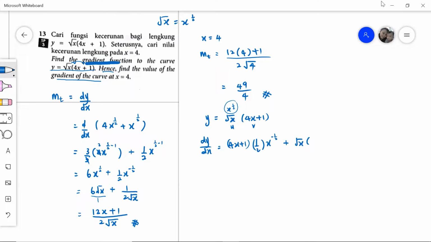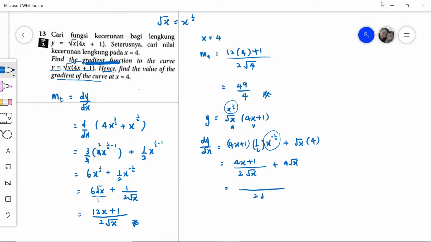So when we differentiate the v, we have 4. Okay, and then let's write 4x plus 1. Let's write it so that we have positive index. So that will be 1 over 2 square root of x, and then plus 4 square root of x. So find the lowest common multiple.